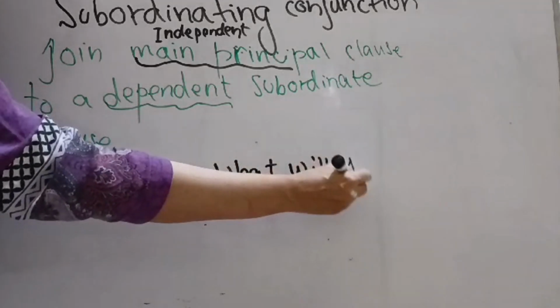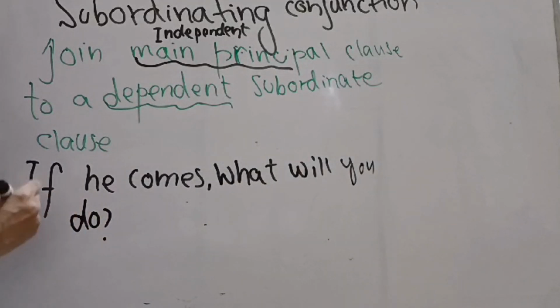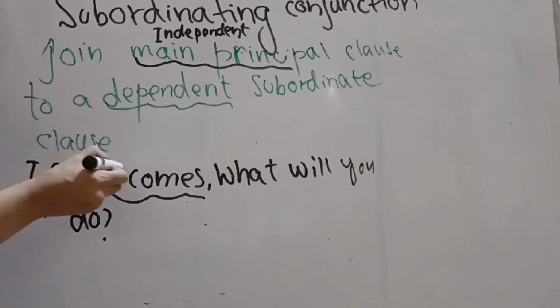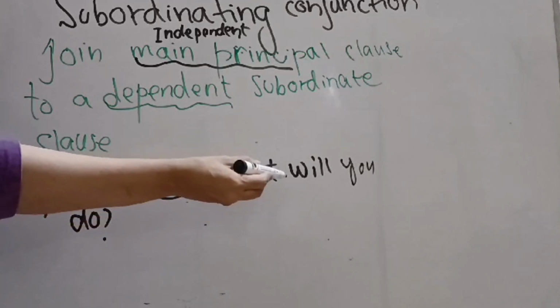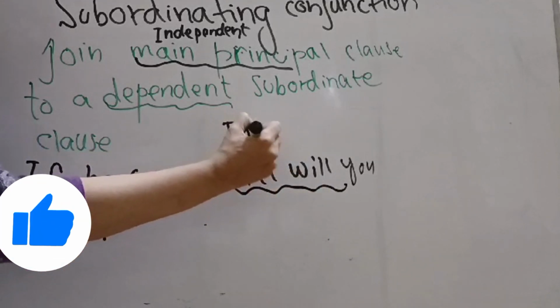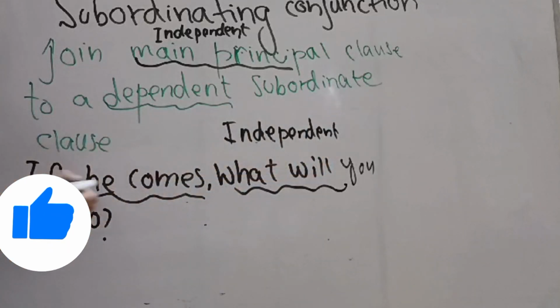Here, if he comes is the dependent clause, and if is the subordinate conjunction. What will you do is the independent clause, and if he comes is the dependent clause.